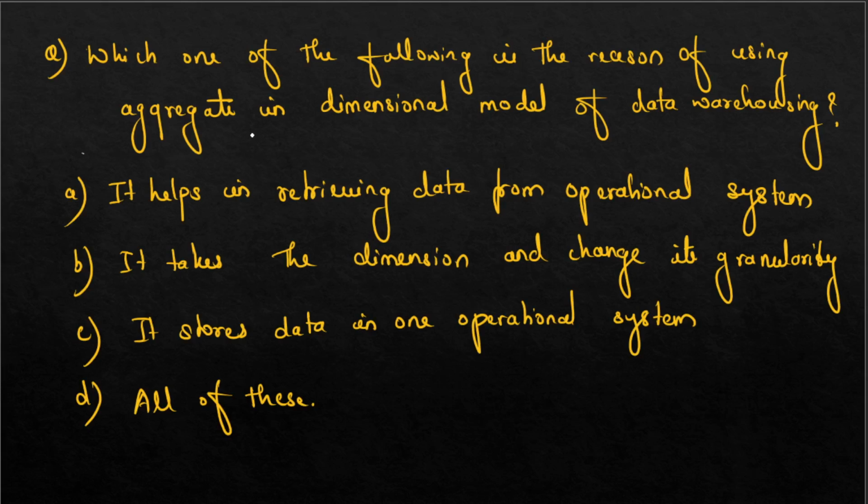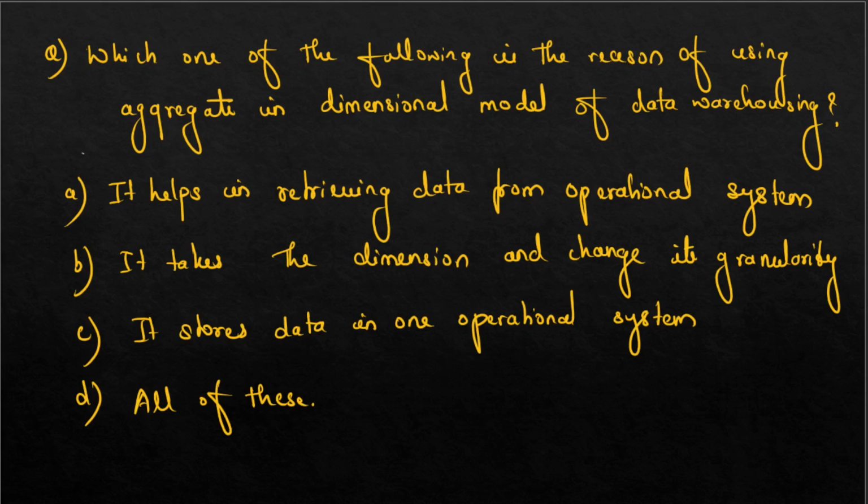Second, they are used to take a dimension and change its granularity. Third, these are also known as pre-calculated summary data because these are pre-computed. Aggregations means summarization basically, and when changing the granularity of the dimension, the fact table should be partially summarized to fit the new dimension.